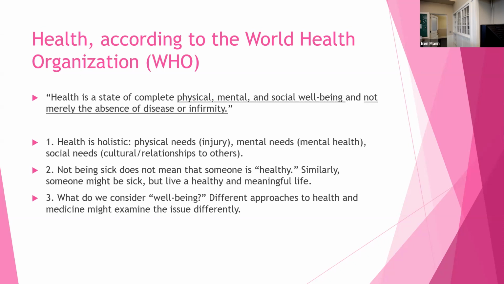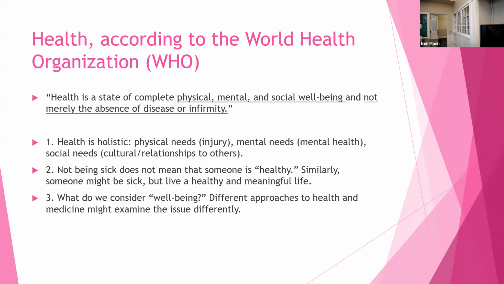Our relationships to other people, and the ways that those needs might or might not be fulfilled. The experience of isolation that many of us have had over the last couple of years has had serious consequences on our health in a lot of different ways, right? Not just in the ways that might spill over physically and mentally, but also that as human beings and social creatures, we want to feel those needs fulfilled.